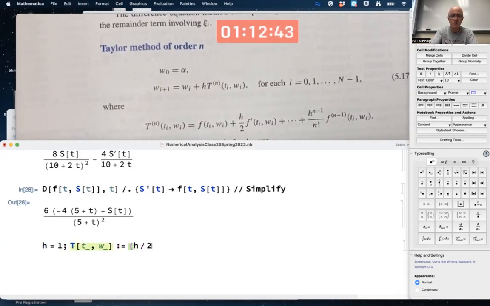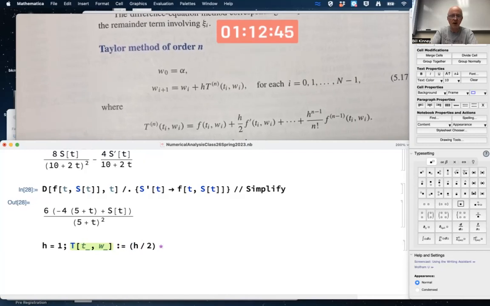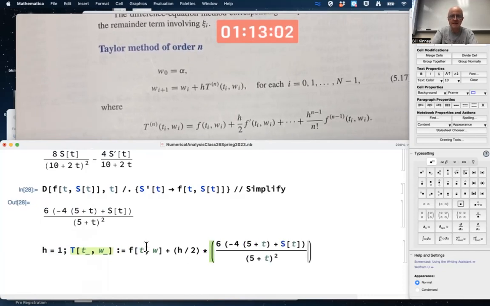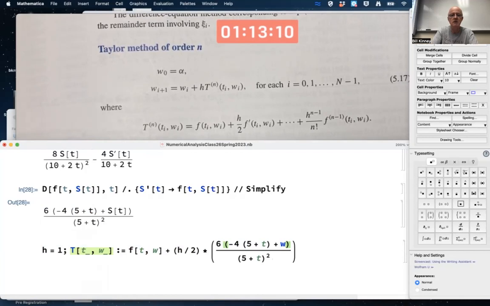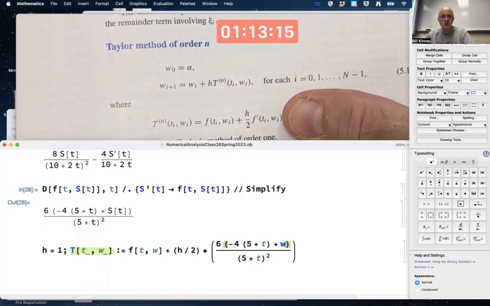In general, it's h over 2 times this f prime, which for our example is essentially all of this. Oh, I forgot f itself here, sorry. F of tw plus this. Essentially all of this, except make it an S in general, or if I want to use W, make the S a W. So I'm using these two terms you see on the right here.